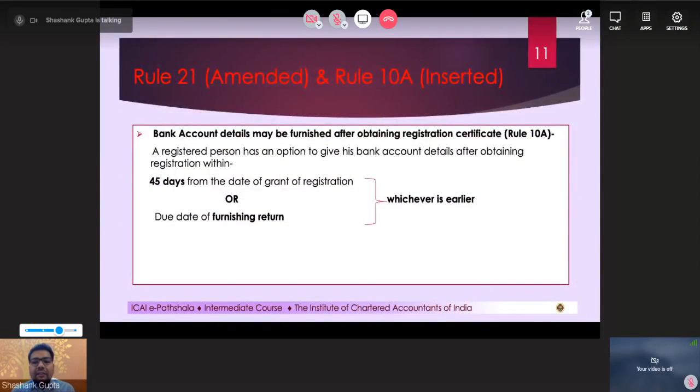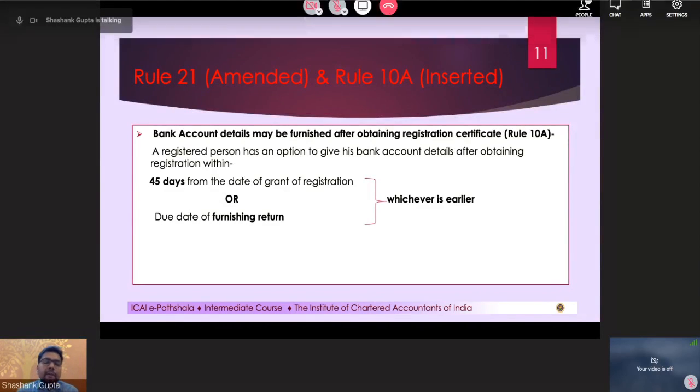A relaxation has been given for obtaining registration under GST. Earlier, who will obtain GST registration? Generally a businessman, an entity which is conducting business, will obtain GST registration. Now under GST, the details which were required to be filled included details of the bank account number.